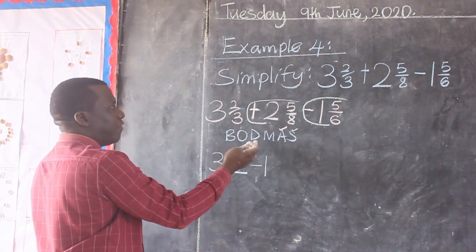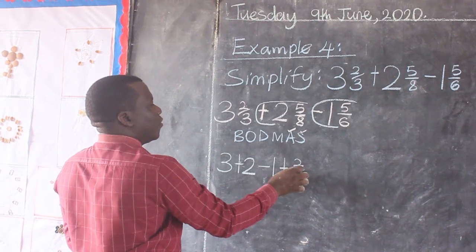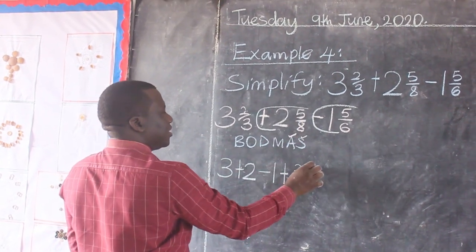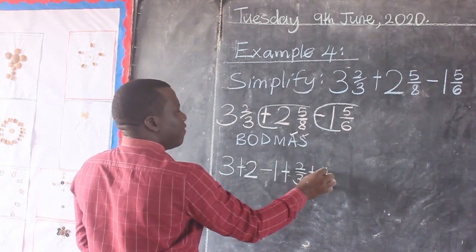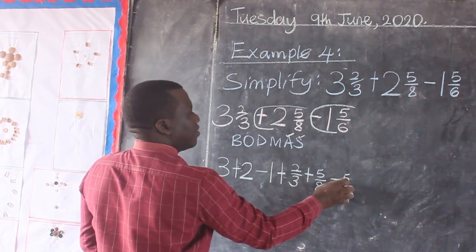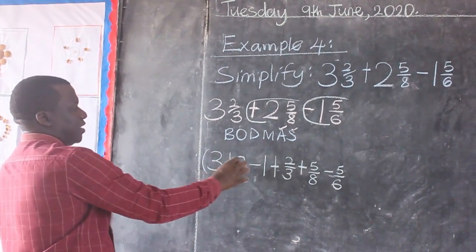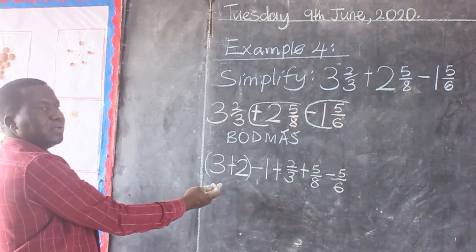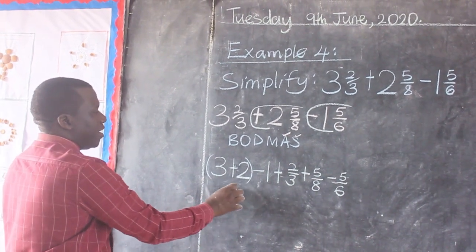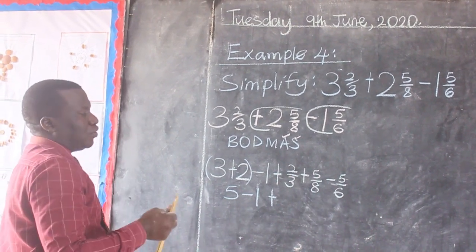Then now we bring in the fractions, plus 2/3 plus 5/8, then minus 5/6. Okay? So in dealing with whole numbers first, when you add 3 plus 2, you get 5 minus this one, plus we move on into now the fractions.